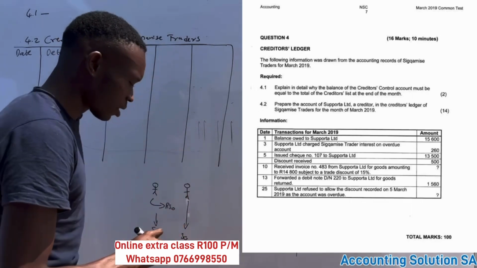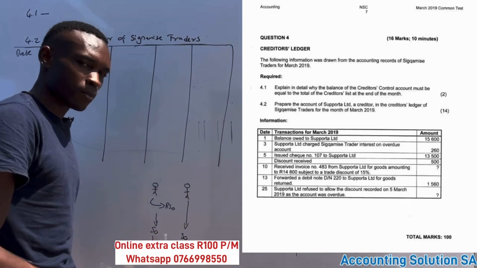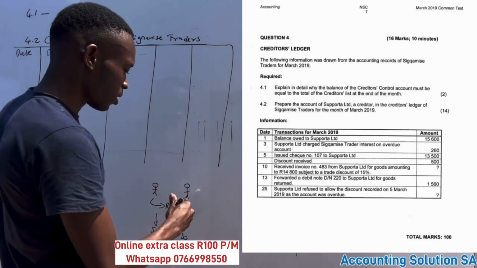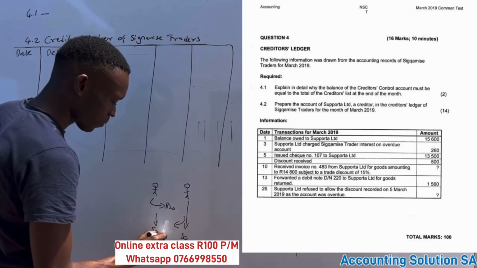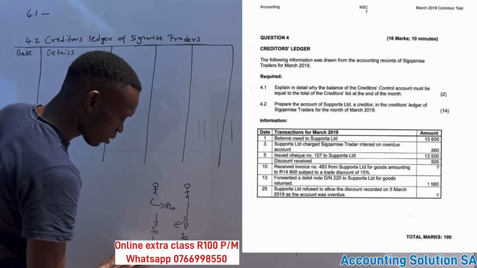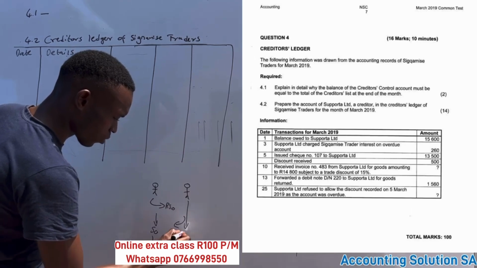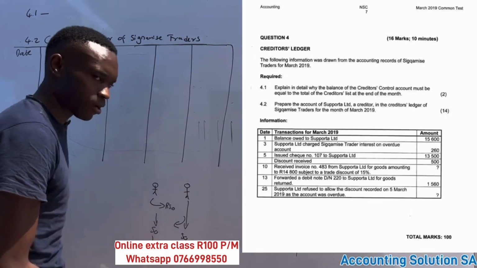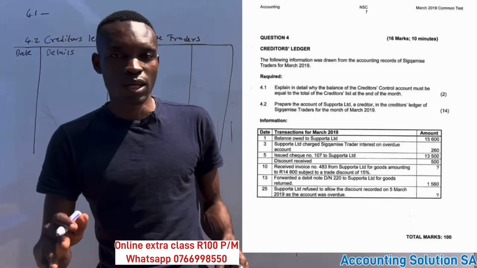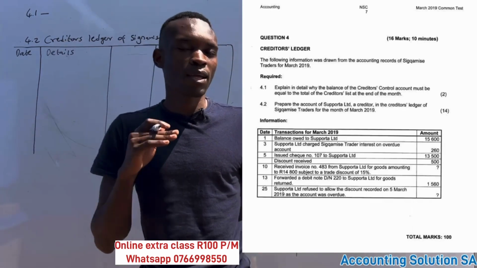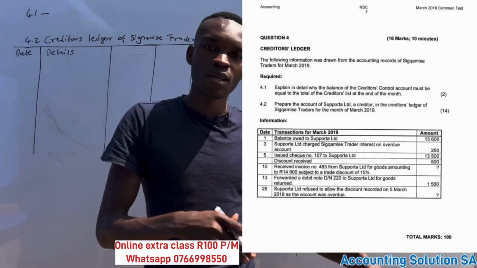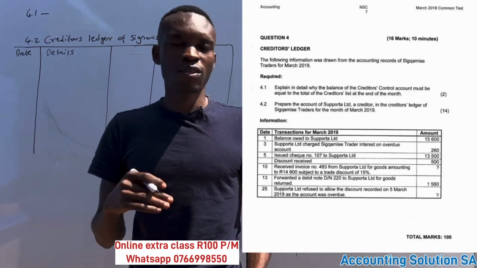Now you see that this side and this side are the same. Maybe the other day he gave you 20 rand. You received 20 rand, and he records that he gave you 20 rand. They must be the same because the transactions we are doing are exactly the same. We paid 50 rand, so that side must also reflect 50 rand.